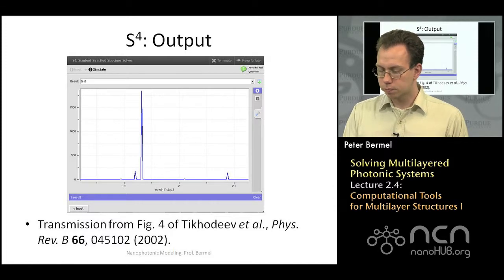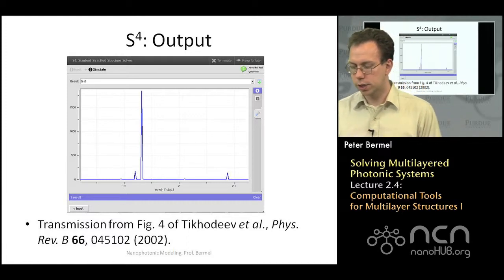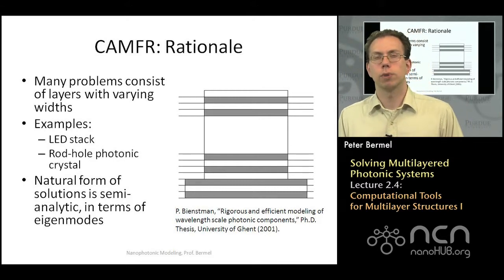It shows that there can be certain resonant peaks that are very strongly confined as a function of time, and basically will stand out in the overall transmission of the structure. So that's of course one method.